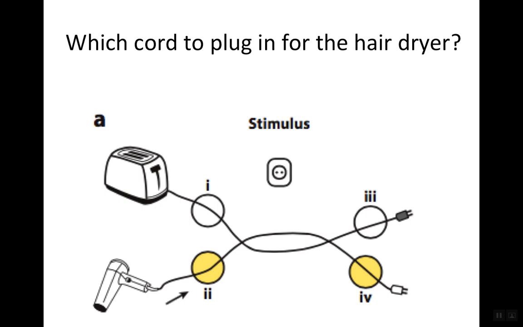Conversely, 2 and 4 represent the wire for the hairdryer, and 4 is going to be later in the process because we're going to trace the wire through from the device to the wall socket.